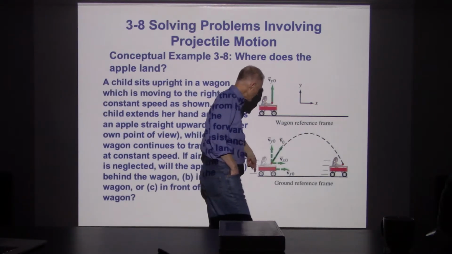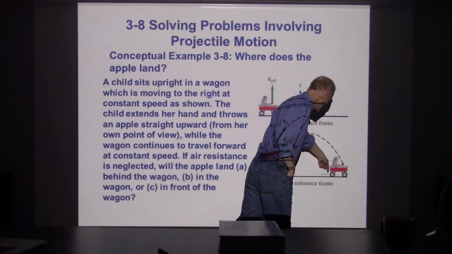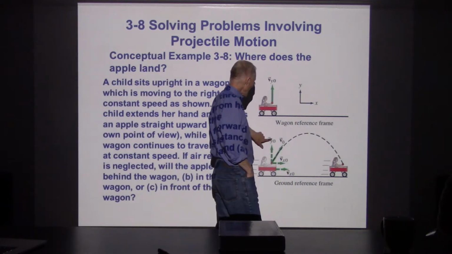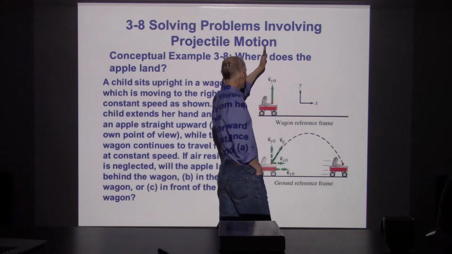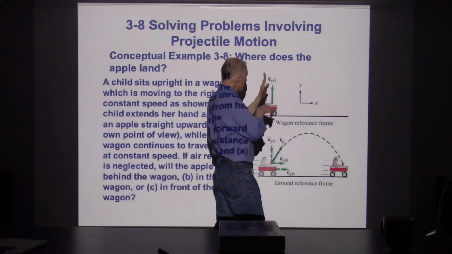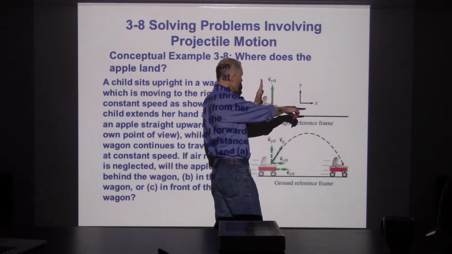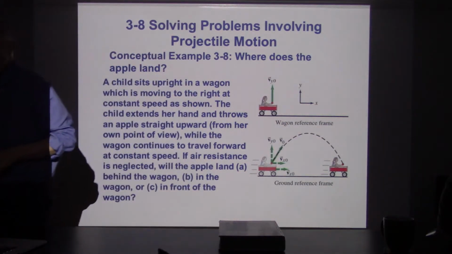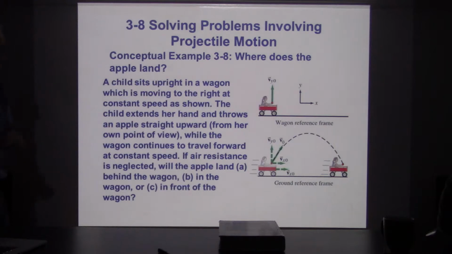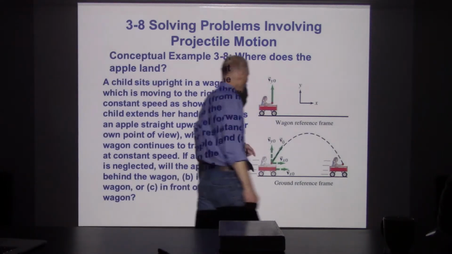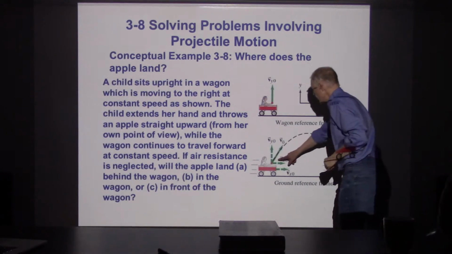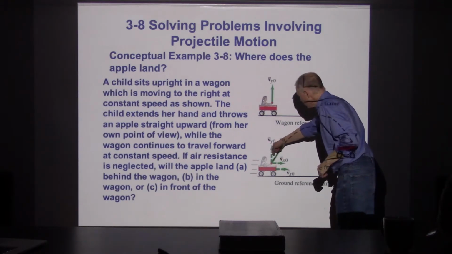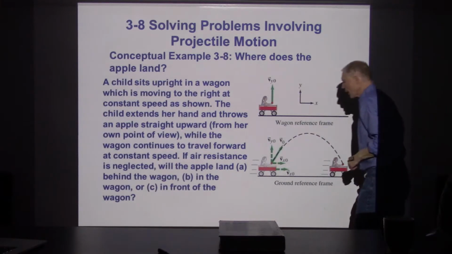So the wagon now is going to be moving along at some constant speed, and when the person throws this up, in addition to the vertical velocity, it's going to have a horizontal velocity, and the horizontal velocity will stay constant. So if air resistance truly can be neglected in this example, then what we would expect to find is that as this thing goes up, it's moving forward at the same speed as the wagon, right?